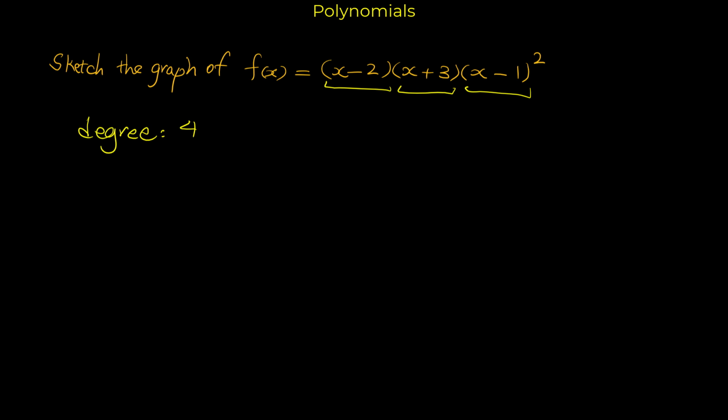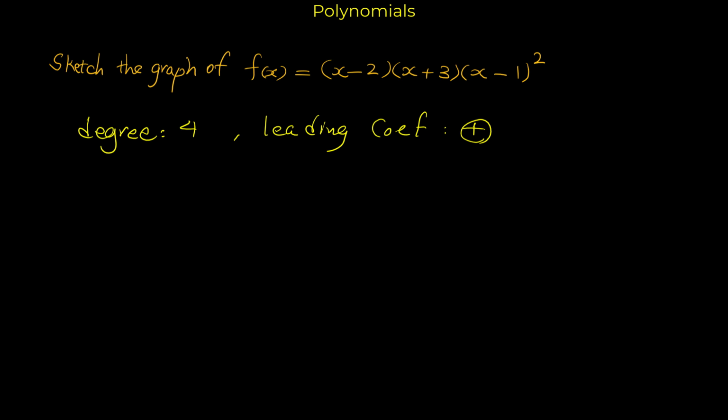This is degree 4. Is the leading coefficient positive or negative? As you can see here, the leading coefficient is 1 and it is positive. Degree 4 means it's an even degree, so the two ends are going in the same direction. Odd degree, opposite direction.